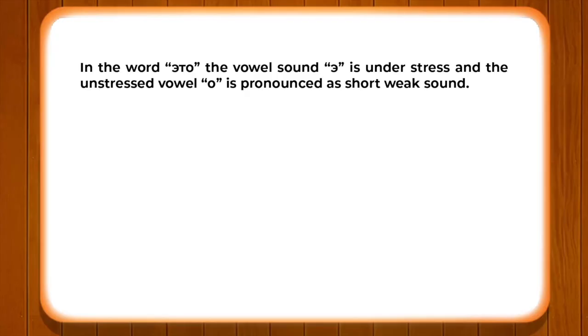So, in the word eta, which means this, the vowel sound a is under stress and the unstressed vowel is o. That is why I am pronouncing eta and not eto, because once the stress is falling onto a, the next vowel, which is o, will sound like a.